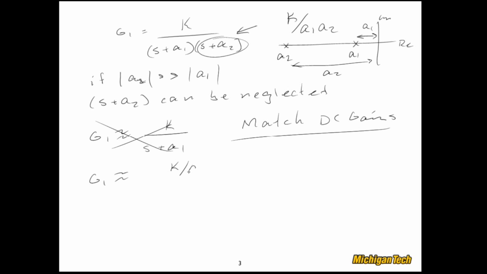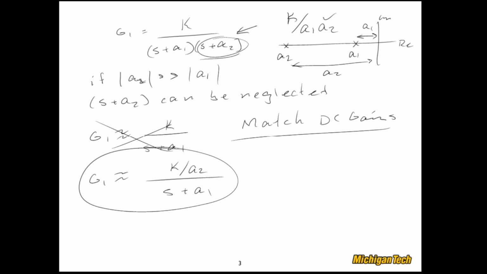So I can put my piece of that, the contribution of S plus A2 to the DC gain in the numerator and go like so. That's good. Its DC gain is again k over A1, A2, which matches this one. And I've tossed out that pole that's far away from A1 in the left half plane.